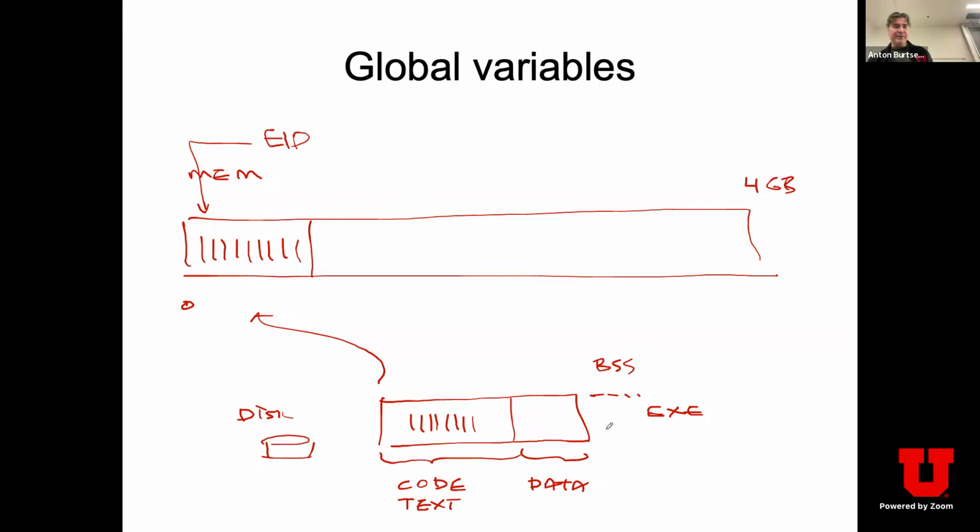On disk, we just have to remember the size of this section. When we load it in memory, data will go here, and this will contain variables like hello, which we just saw on the screen. The uninitialized ones we don't store on disk, but when we create a section in memory, we just initialize it with 0, right?